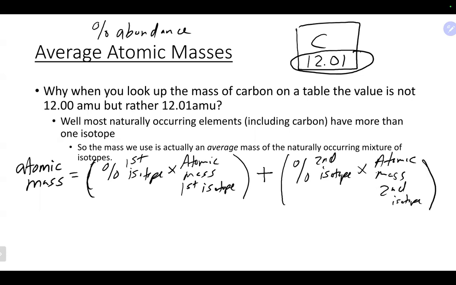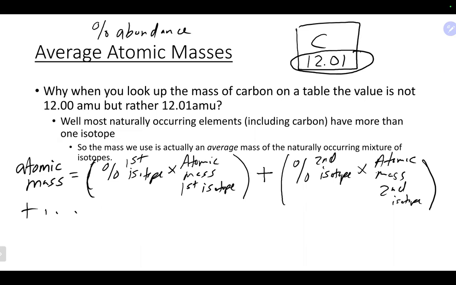And if we have 3 or 4 naturally occurring isotopes, we just continue that pattern: percentage times atomic mass, added to the next percentage times atomic mass. When you add all those numbers together, you get what you see on the periodic table, the average atomic mass for each of those elements.